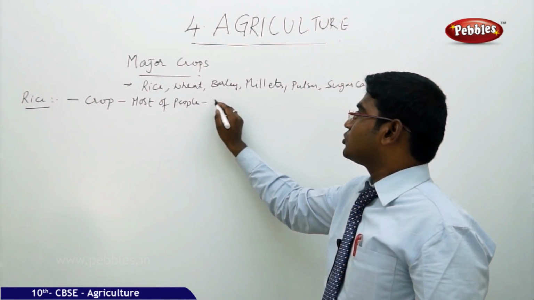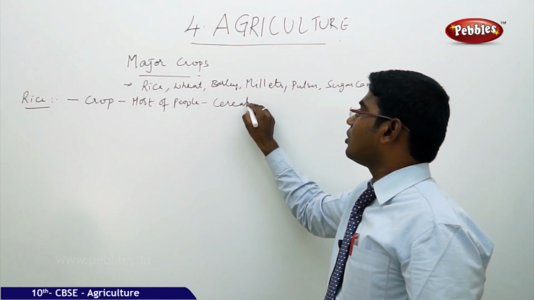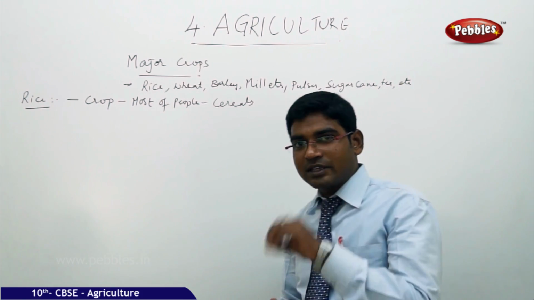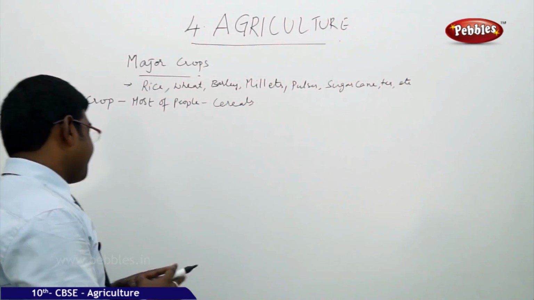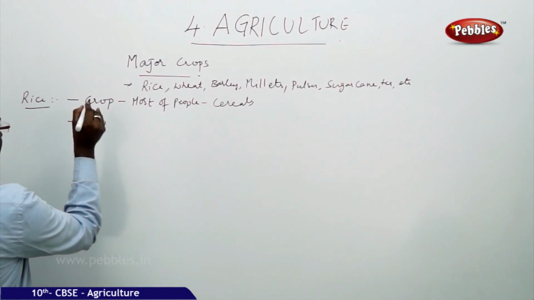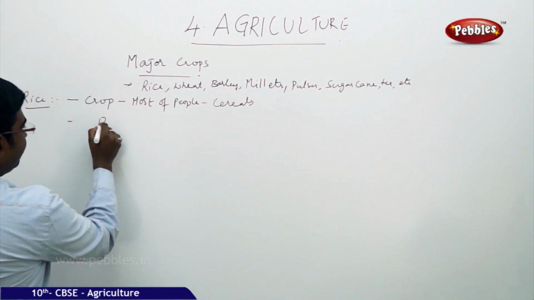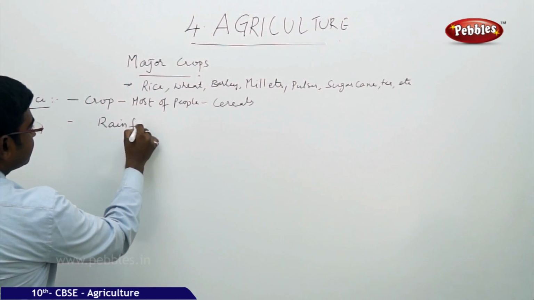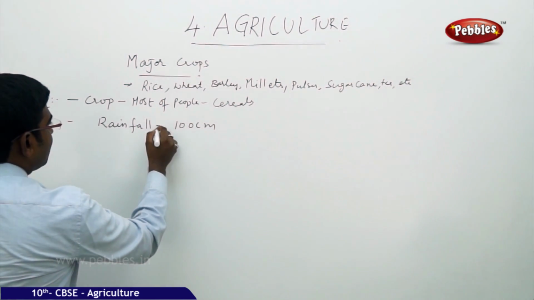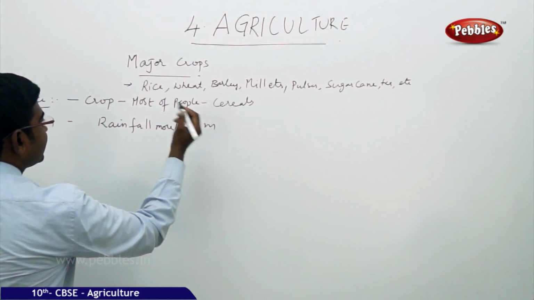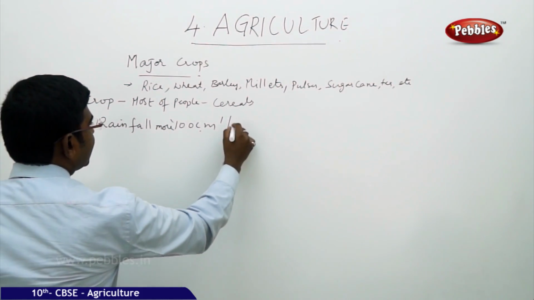That's why this is called the cereal crop, as it is consumed by most of the people. And the conditions which are required for this are that the rainfall should be more than 100 centimeters annually.